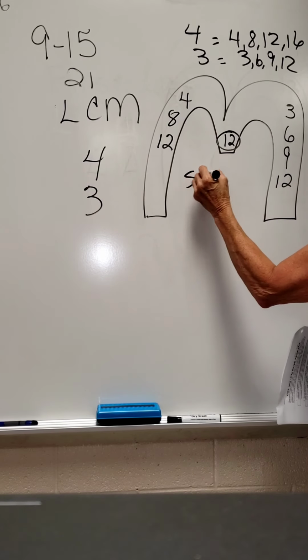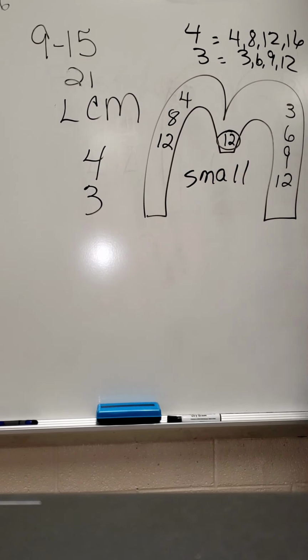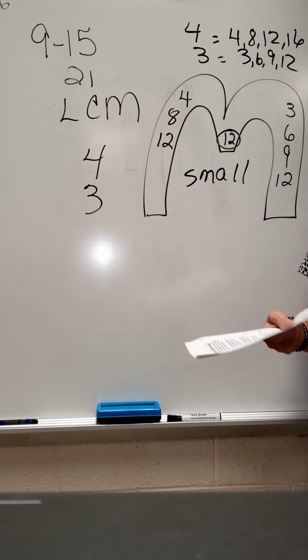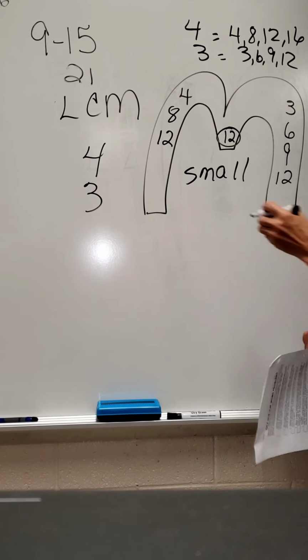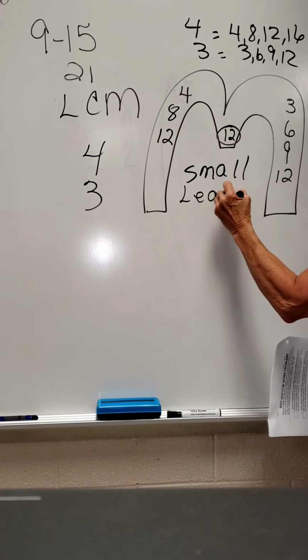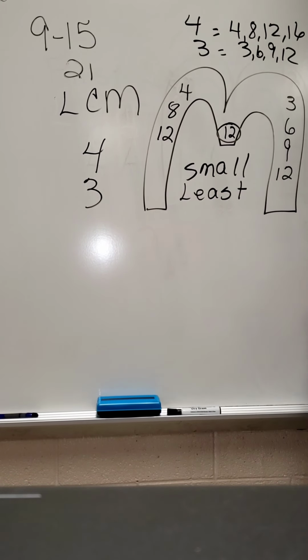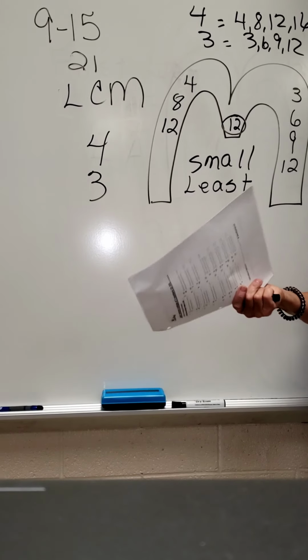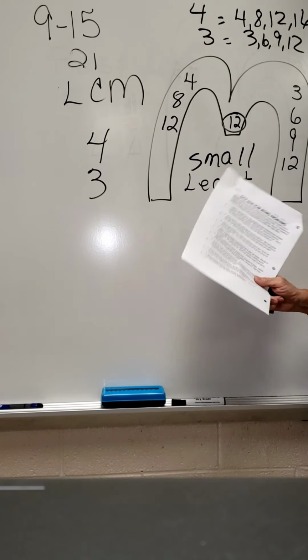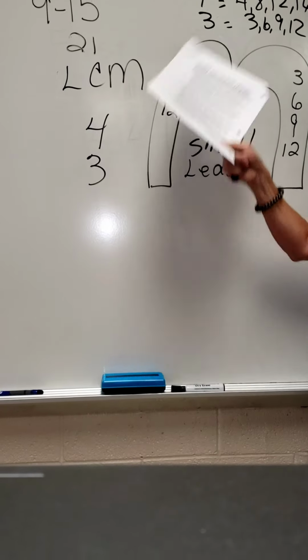Small. If you see small, it usually means LCM. Can you think of another one? Least. Those are synonyms. Good. So small, least, even, I wouldn't say tiny. Do you think you'll see that in a word problem? Least common multiple. So those are the words associated.